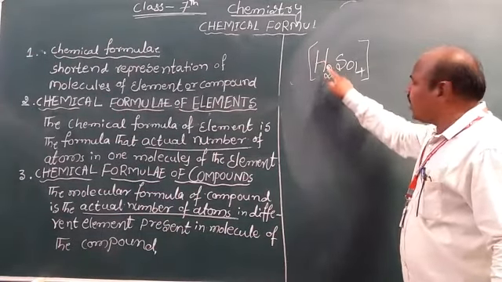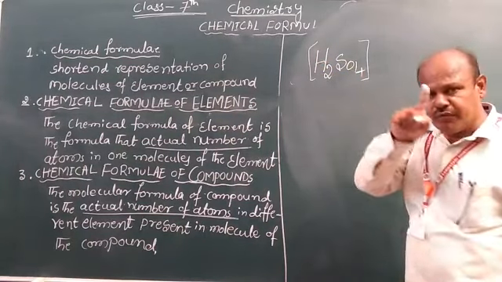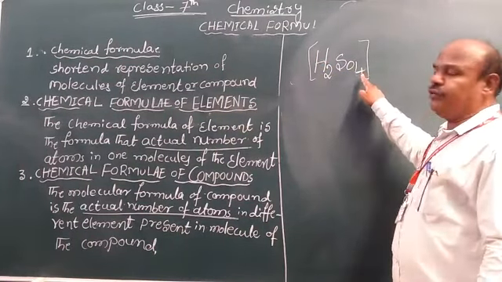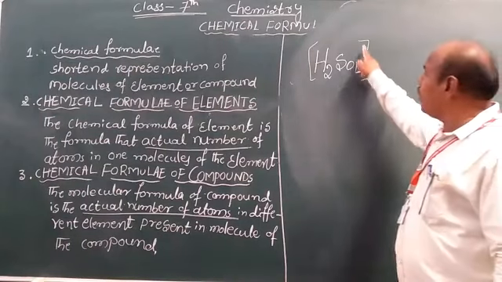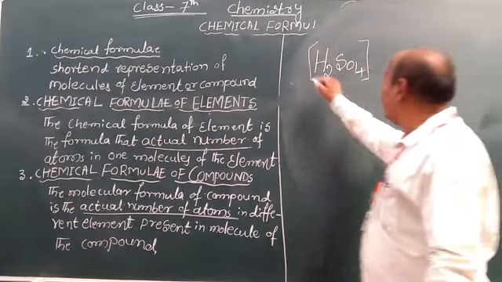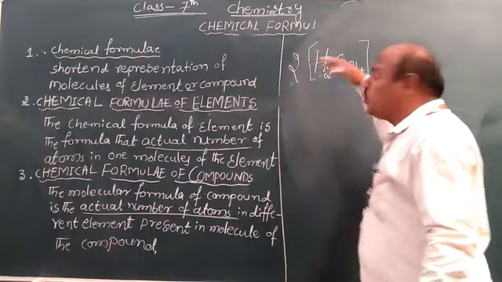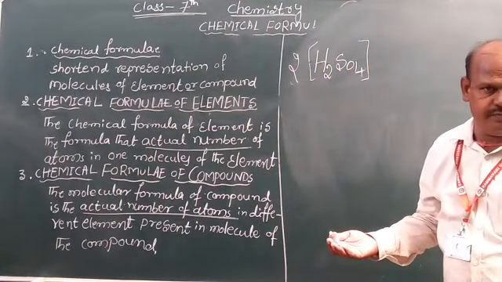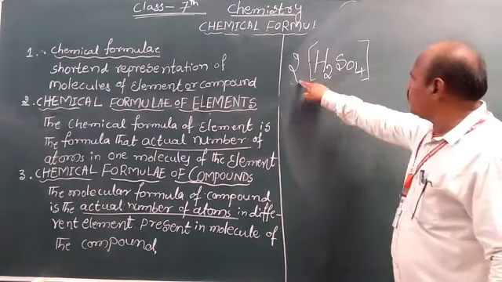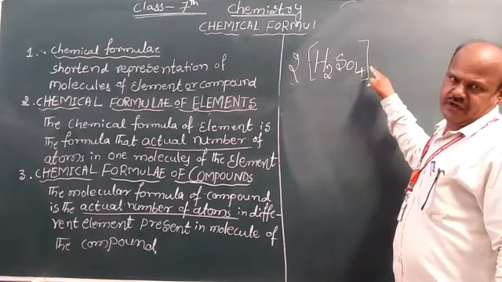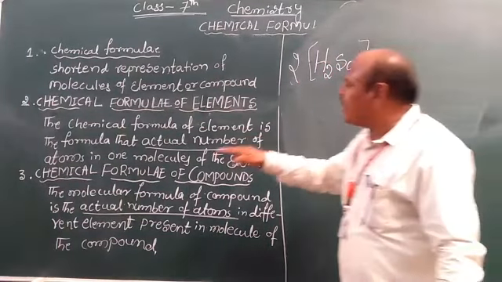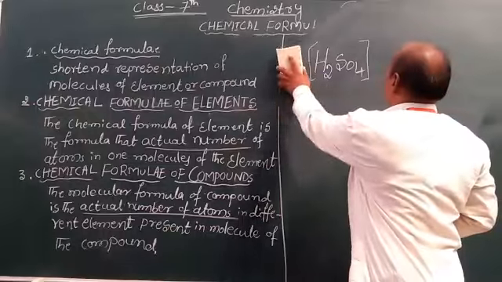Two atoms of hydrogen, one atom of sulfur and four atoms of oxygen. If you want to multiply, it is two molecules of sulfuric acid. This is the chemical formula of the compound.